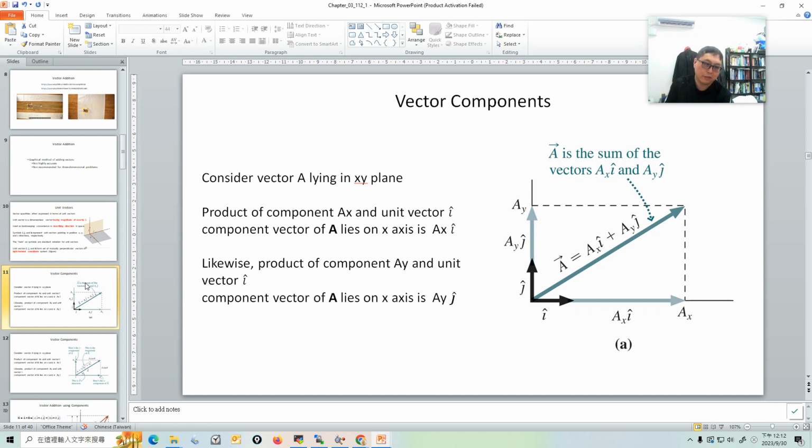Let's not make things complicated now. Here is a vector A. How do we represent this vector by components? We just project this vector onto the x and y coordinate directions.